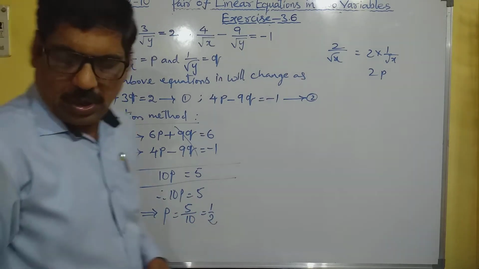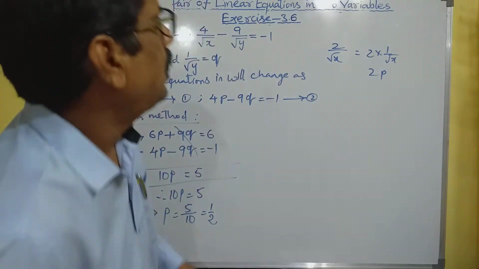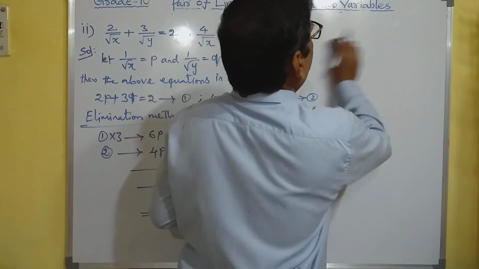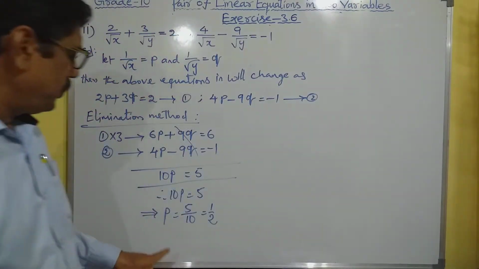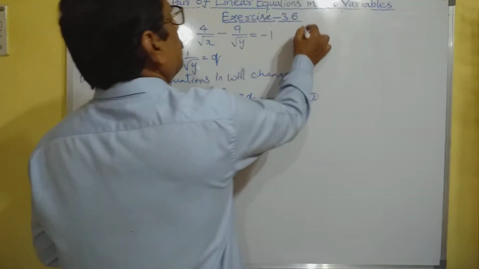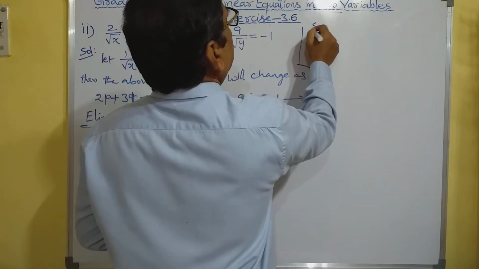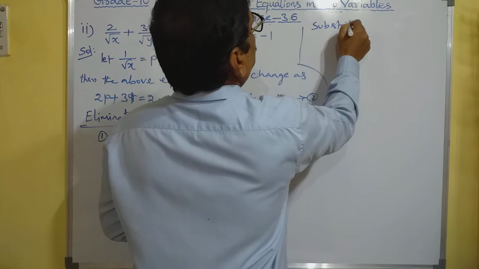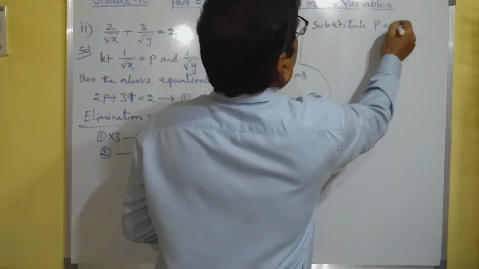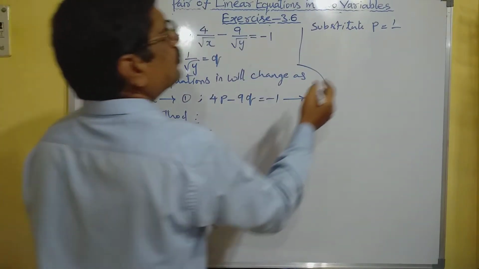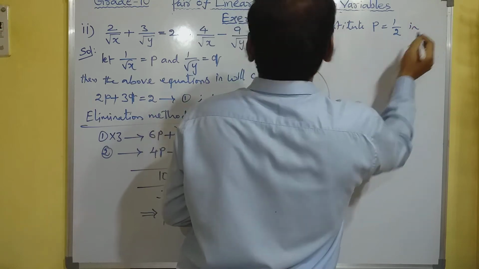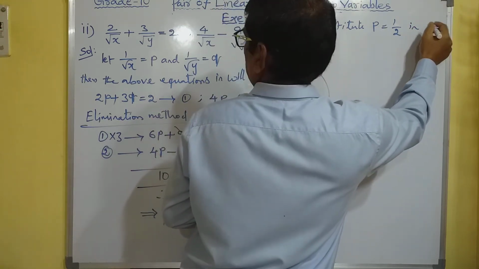Okay, now we need to find the other variable q. So let us substitute p is equal to 1 by 2 in any one of the equations. I will substitute in the first equation.